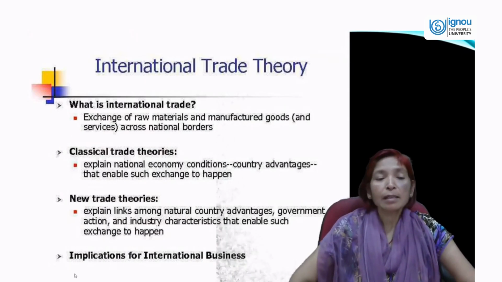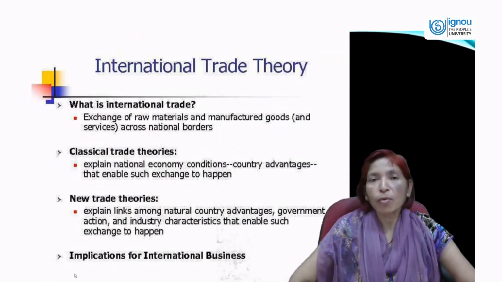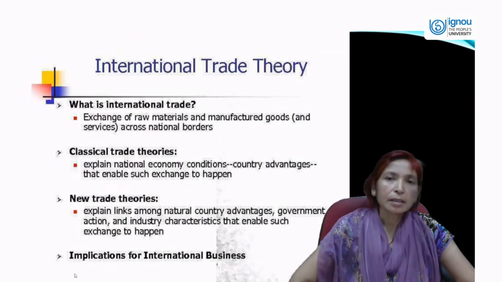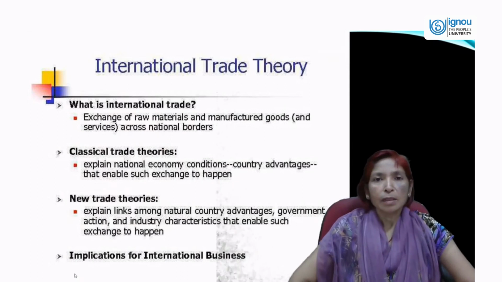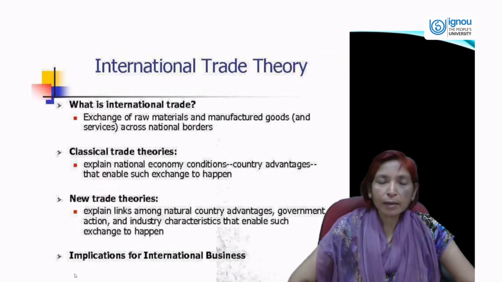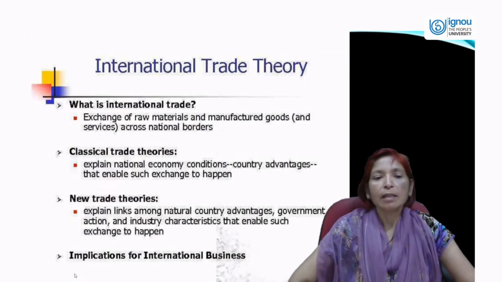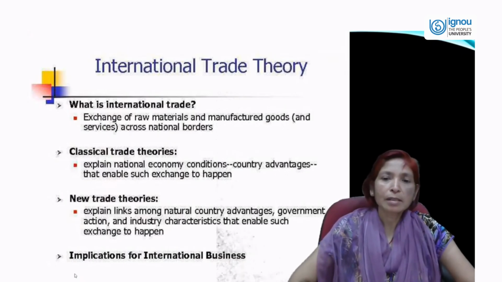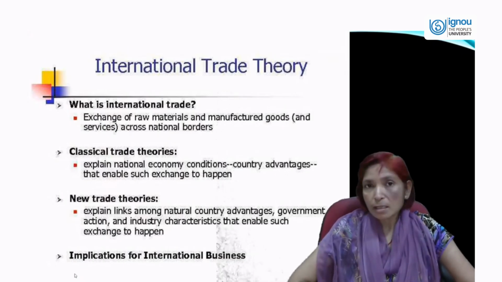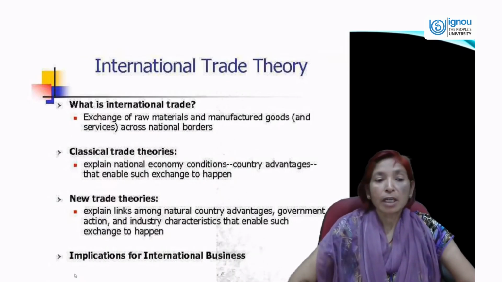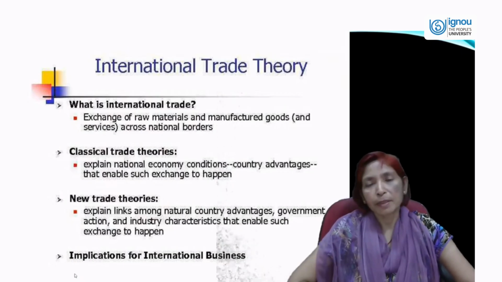Classical trade theories were mainly propounded by Adam Smith and David Ricardo, but the modern trade theory was explained by Heckscher-Ohlin. So classical trade theories mainly explain national economic conditions and country advantages which a country gets through international trade, which enable such exchange or transactions to happen.